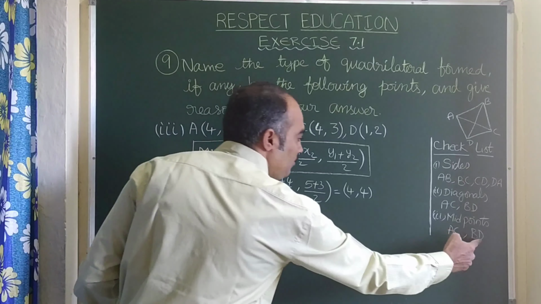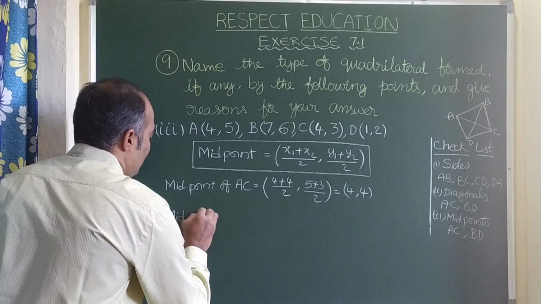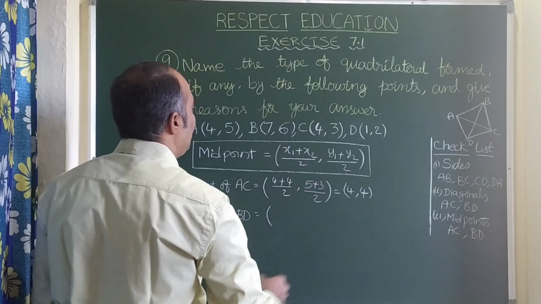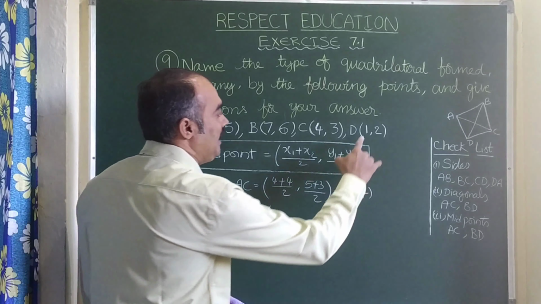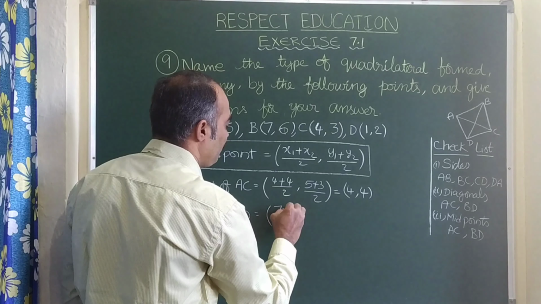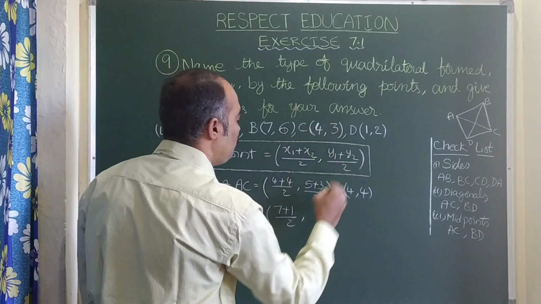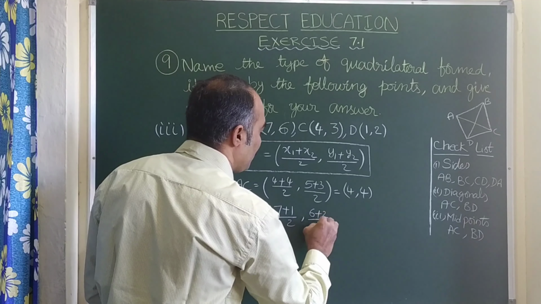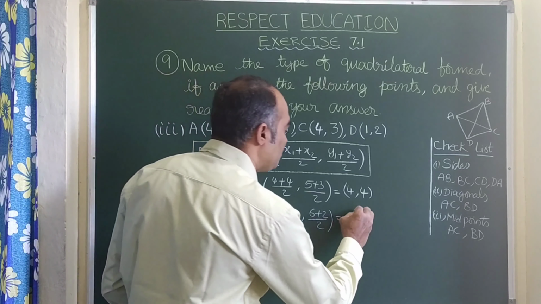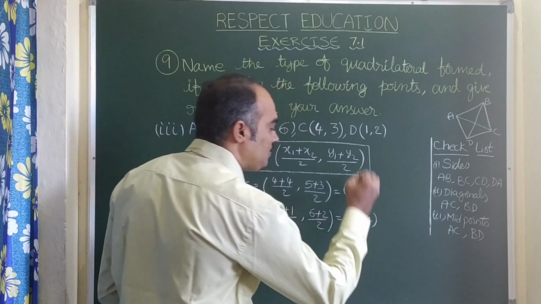Now let us find the midpoint of BD. Midpoint of B (7, 6) and D (1, 2): (7 plus 1) by 2 and (6 plus 2) by 2. Here 7 plus 1 is 8, 8 by 2 is 4. 6 plus 2 is 8, 8 by 2 is 4.